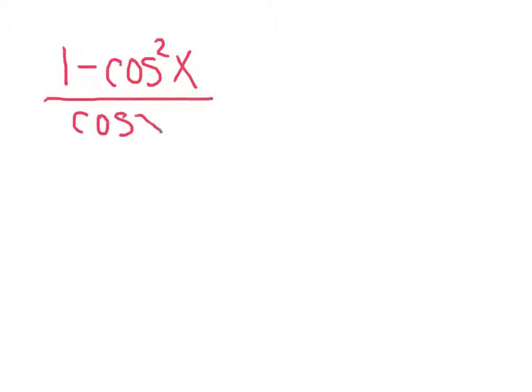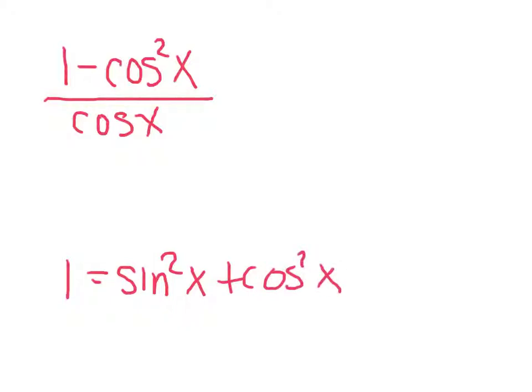Here's an example of what a problem would look like. Let's say you had 1 minus cosine squared x over cosine x. Your Pythagorean identity says that 1 is equal to sine squared x plus cosine squared x. So you need to recognize the top right here as a variation of this one.